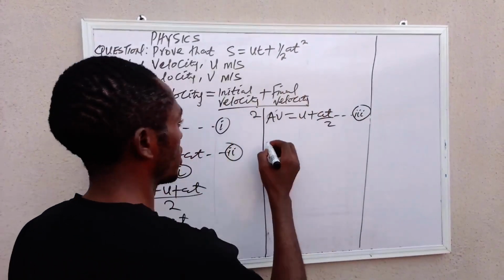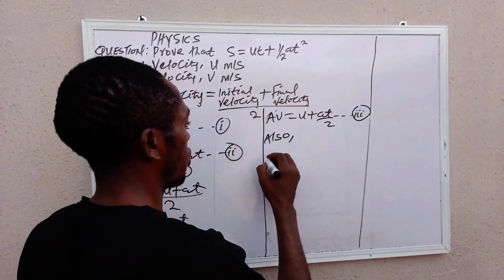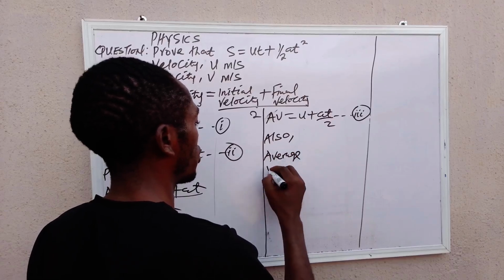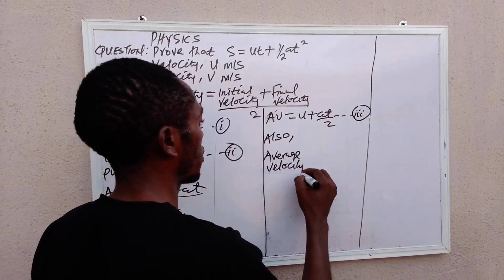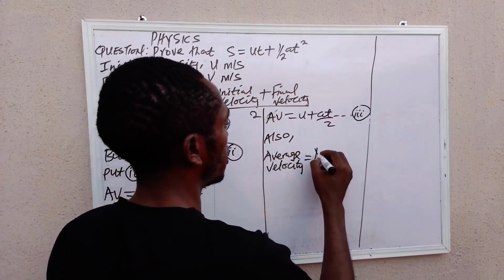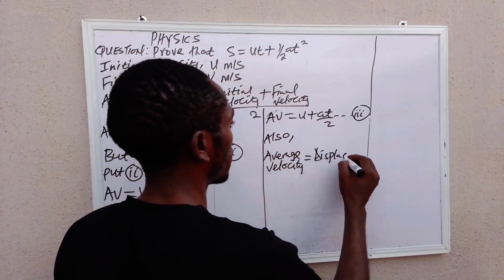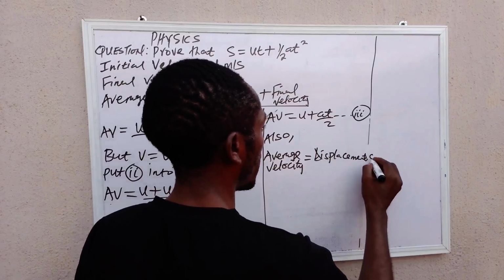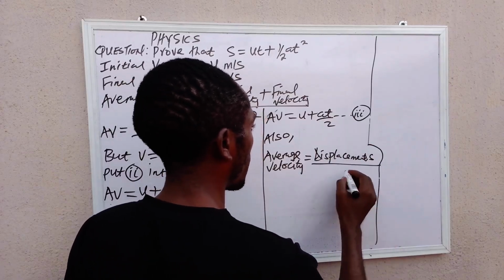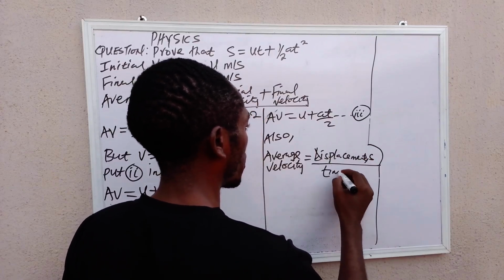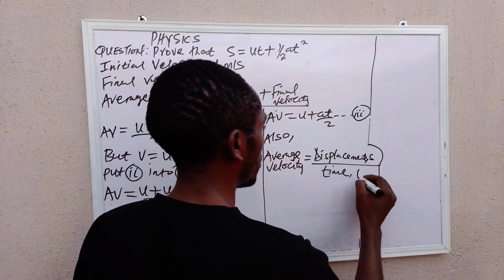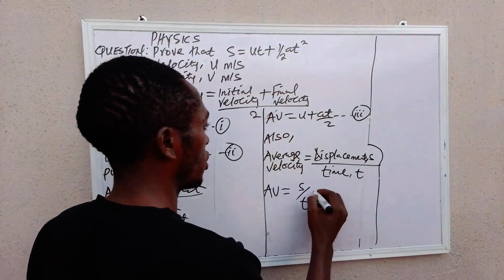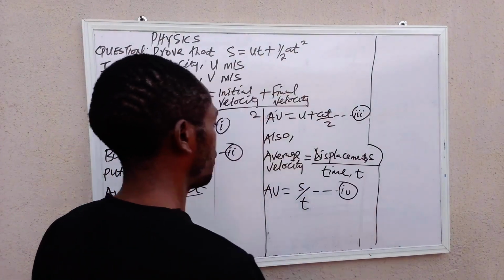So we can therefore have AV is equal to S over T. You can call this equation IV.